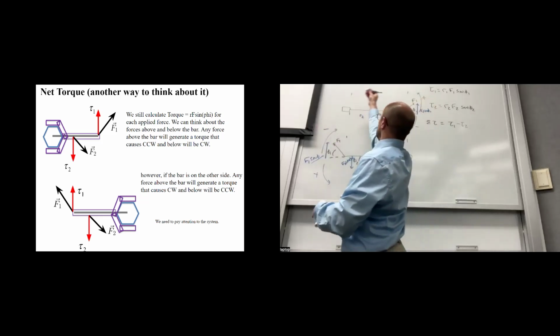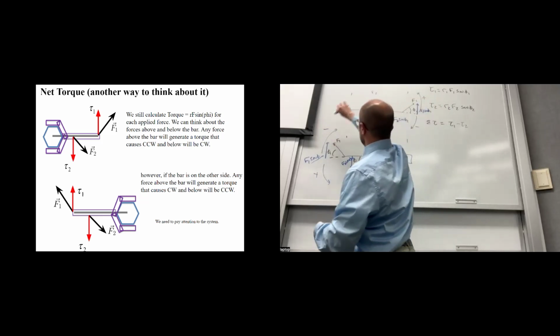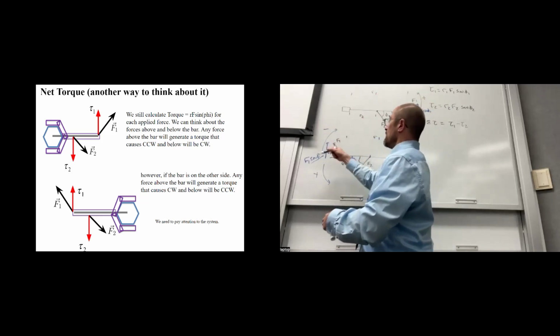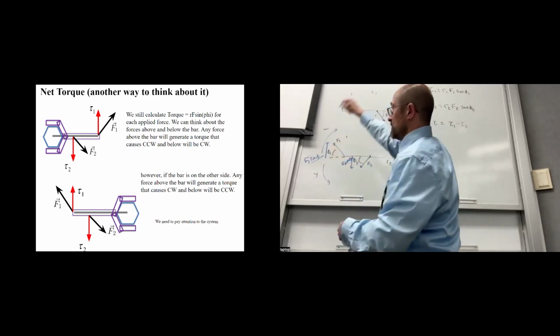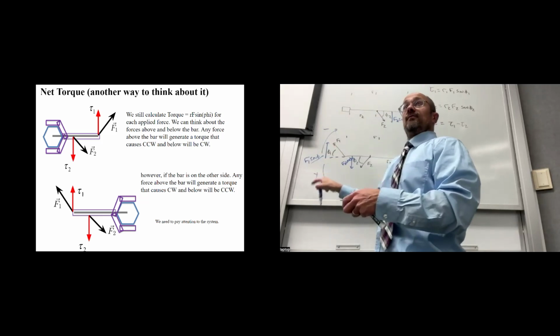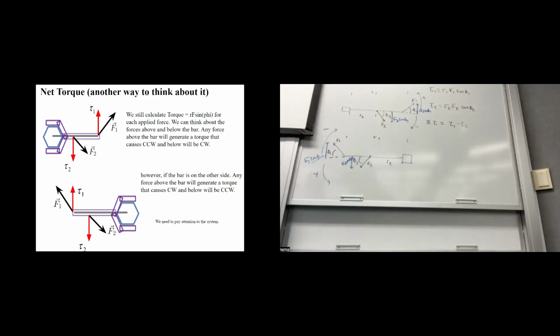So this is clockwise, sorry. This is our clockwise motion, it's negative. This one contributes to the counterclockwise motion, so this is positive, right? So we always just have to pay attention to which way our system is going to spin, and that is how we put on the plus and minuses. All right? Is everyone good with that?